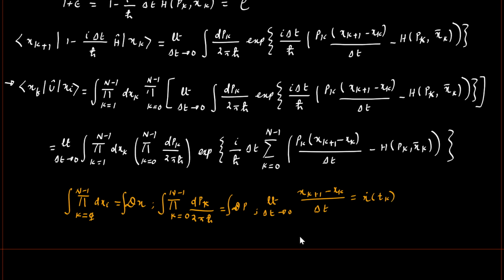Also, we will get an expression from this expression itself. If I choose this expression as a function, then if delta t is very small and we have a summation from k equal to 0 to n minus 1 of some arbitrary function f of t_k, then I can write this expression like this.